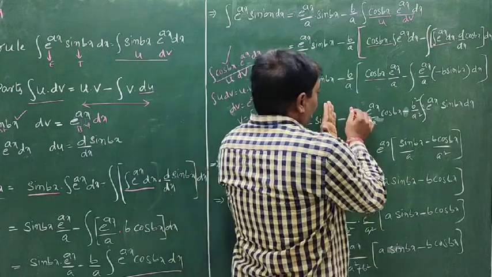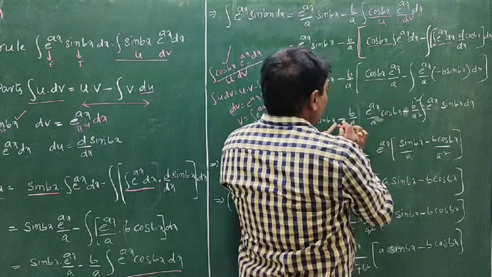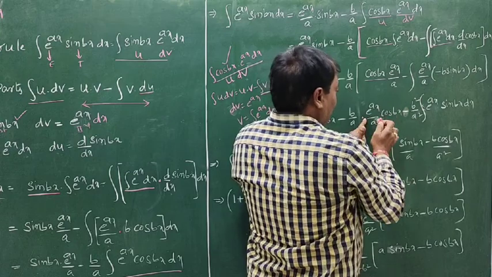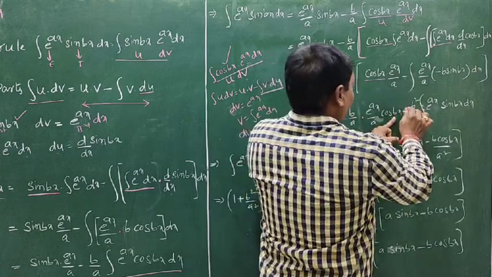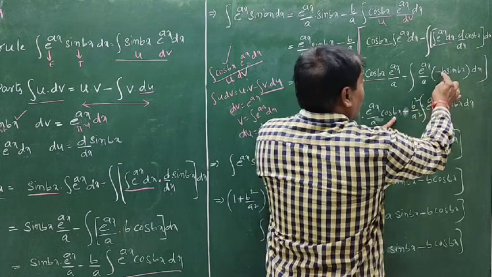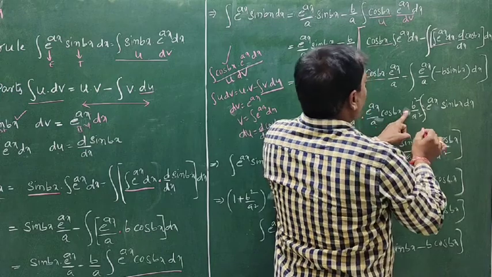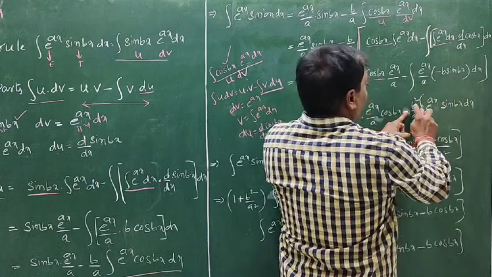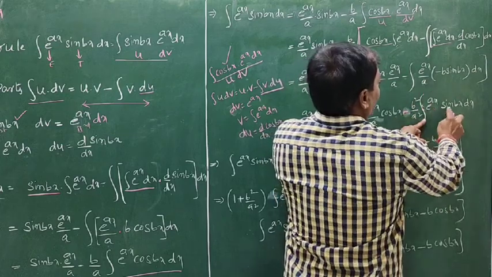Now coming to here, we multiply minus b by a into these terms: minus b by a into e power ax by a cos bx. With one more minus it becomes negative, and b by a again gives b square by a square integral e power ax sin bx.